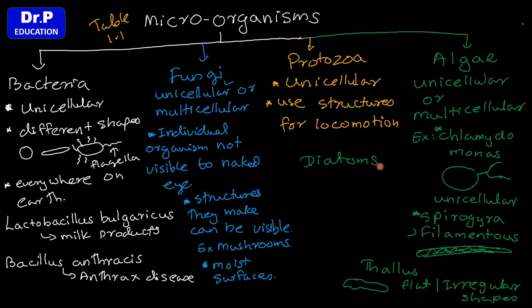So diatoms are much harder than these other algae types. It's like they have a very strong cement wall. It's not cement, but you get the idea. It's like it's made out of cement, while these ones are just fleshy. So these ones are very hard, and you can actually extract them to make certain products, sometimes in toothpaste, facial scrubs, things like that.